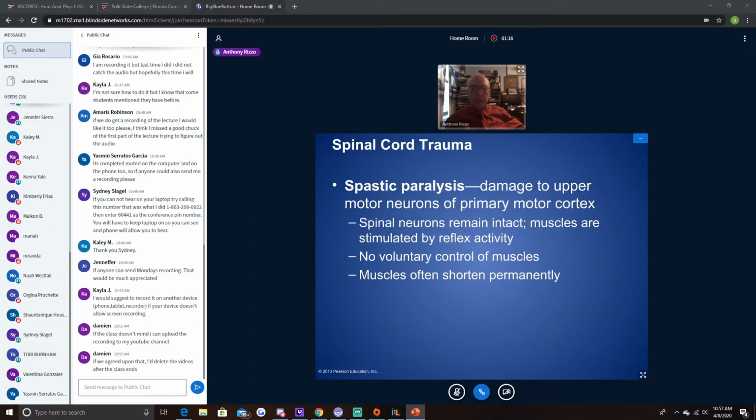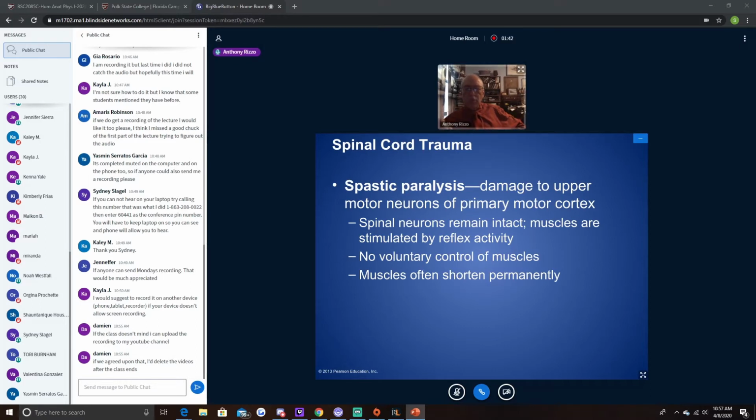This is different than spastic paralysis. In spastic paralysis, the upper motor neurons are damaged, but the lower motor neurons from your spinal cord out to your muscles are still intact.